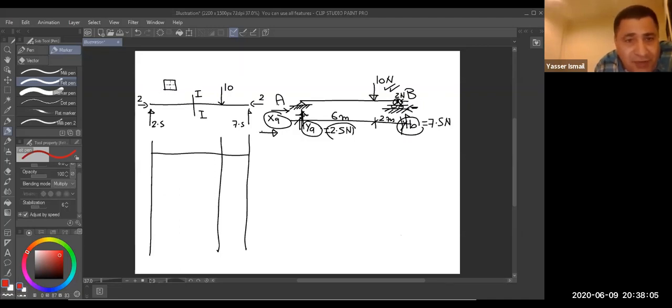This force is perpendicular to the section, which means the section is pressed. Is this diagram negative or positive? It is negative because this is compression. How much is the internal force? Minus 2 Newton.